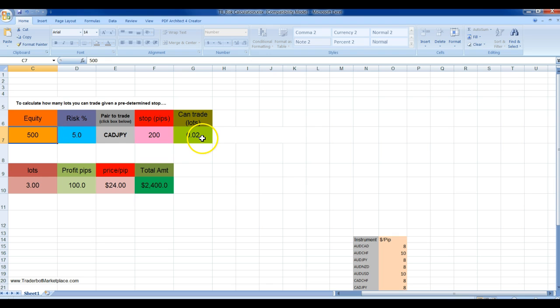But just remember, each trade you take at 0.02, that's 5% of your account. So if you trade 4 positions, that'd be 0.08. You're actually risking 20% if you do it that way.